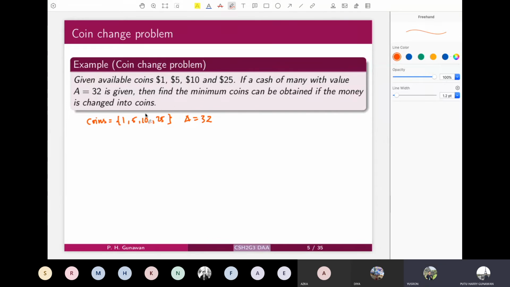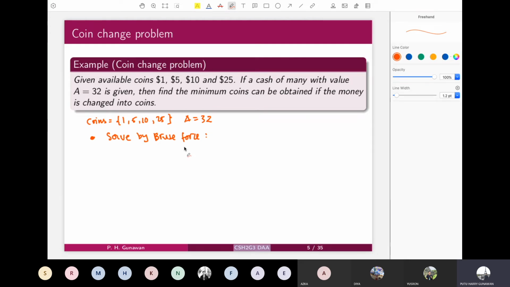Actually, we can solve this one by two methods. First, I would like to consider solving this by brute force. How to solve by brute force?